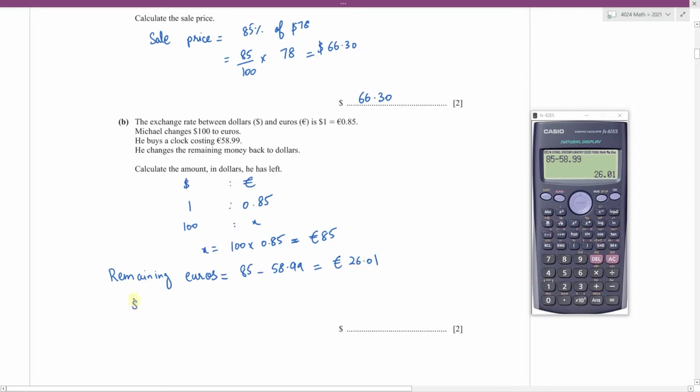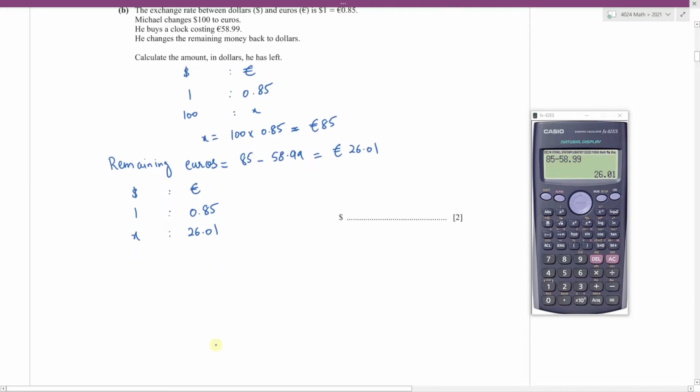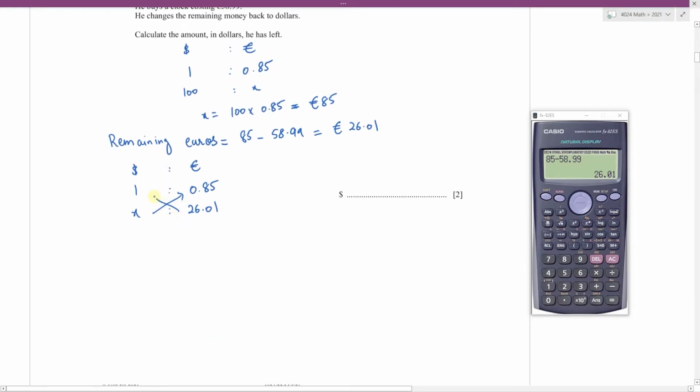So again, dollars to euros, you have $1 which is 0.85, and now you have to calculate dollars. Let's call them X, and you have 26.01 euros. Again, you will cross multiply and form an equation. So 0.85x will be equal to 26.01.